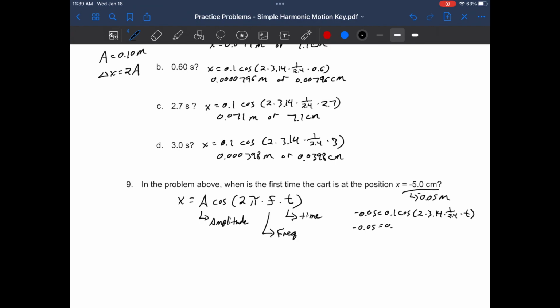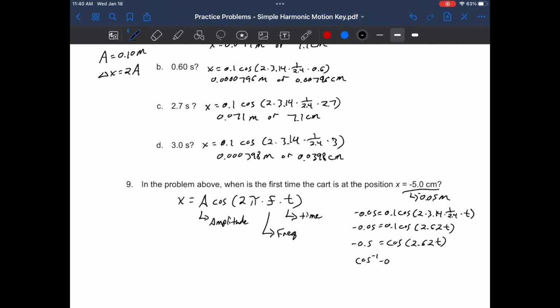So negative 0.05 is equal to 0.1 cosine of 2 times pi times the frequency. I got 2.62 t. And then negative 0.05 is equal to the cosine of 2.62 t. So I've divided the 0.1 to the other side to get negative 0.5. Now I'm just going to bring cosine to the other side.